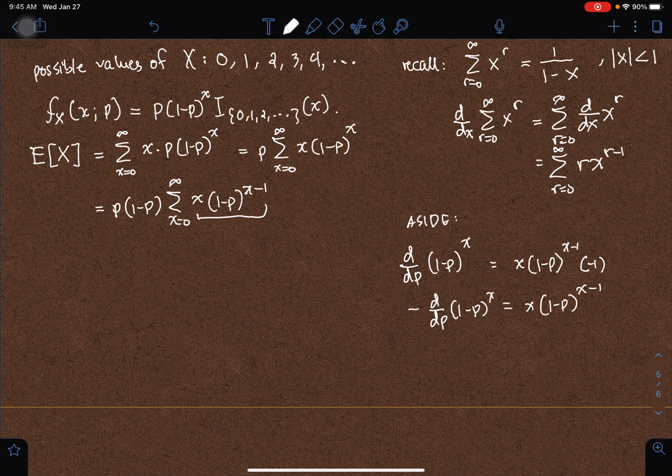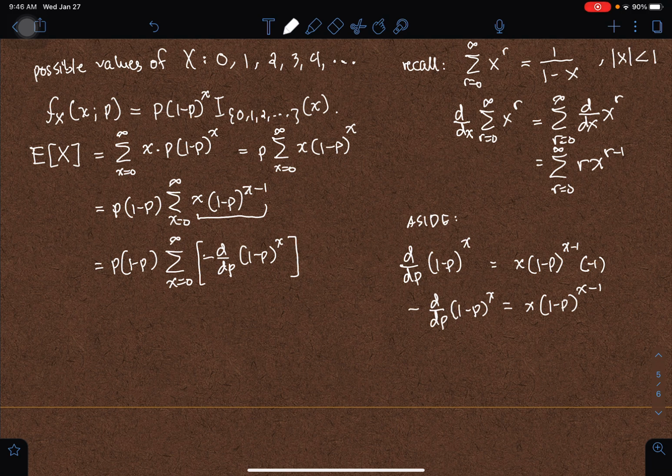Okay, therefore, we can write this as p times (1 minus p) times the sum from 0 to infinity of the negative of the derivative with respect to p of (1 minus p) raised to the power x. Again, this is a convergent sum since our p here is a number from 0 to 1, so its absolute value is less than 1.